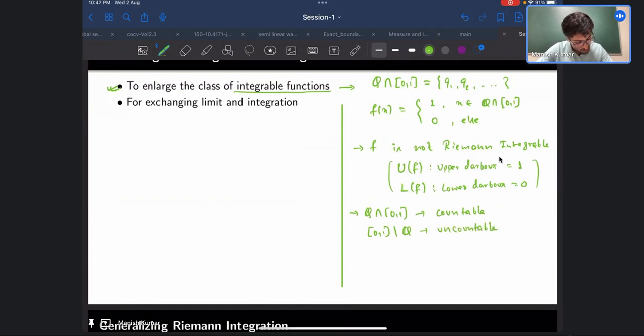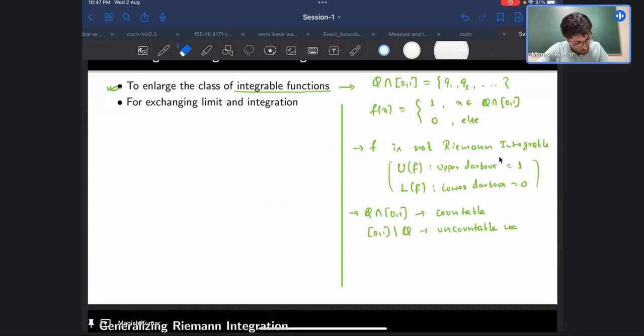This clearly means that the size of this set is very large, at least larger than the other one. Now I am saying size in a vague sense; later on you will see the notion of measure. So for now, size means just the size in the usual sense.